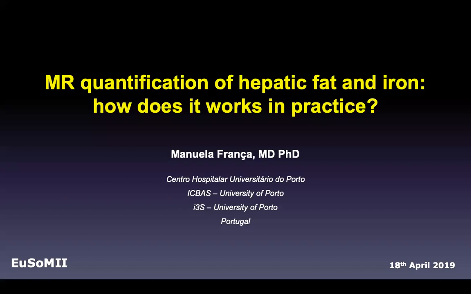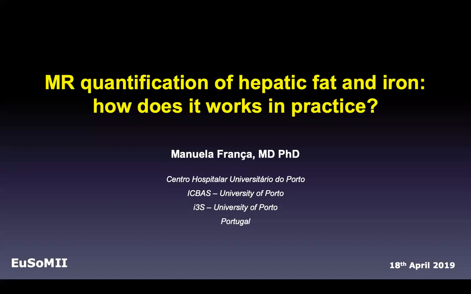So if we want to use the calibration formula from John Booth's paper, we should use that method for the acquisition of the multi-echo sequence. And this is the most tricky part of R2-star measurements and iron quantification.